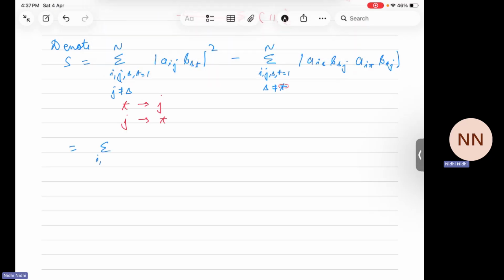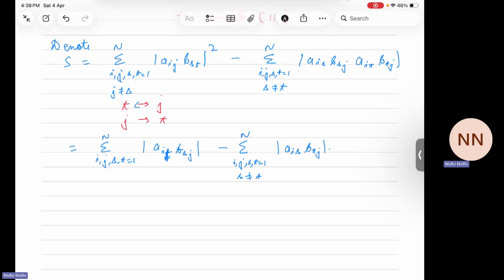This is equal to summation ijst from 1 to n, mod aij bsj ait, just replacing them, minus summation ijst from 1 to n with s not equal to t, ais btj.